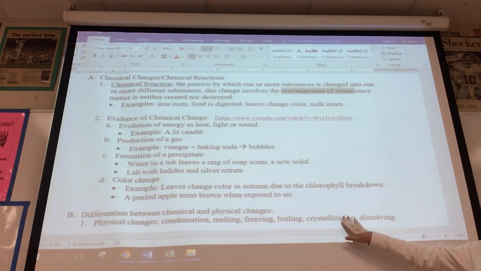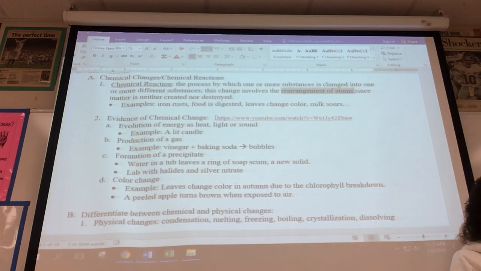Make sure you can differentiate between chemical and physical changes. Physical changes typically are your phase changes. Condensation, and you probably saw quite a bit of condensation because it's been so cold out, and it really built up on the inside of the windows when it was in the 30s and 40s a few days last week.